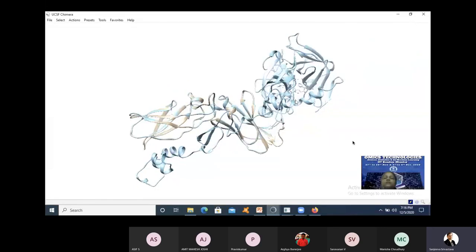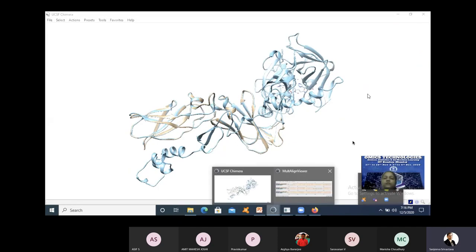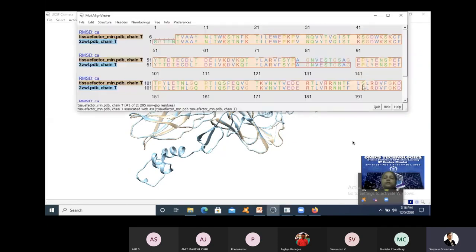We can color these chains in different colors, so then we can actually see the difference. In terms of sequence alignment also, we can see if there is any difference among the two sequences once we overlap it, and that can be seen here.